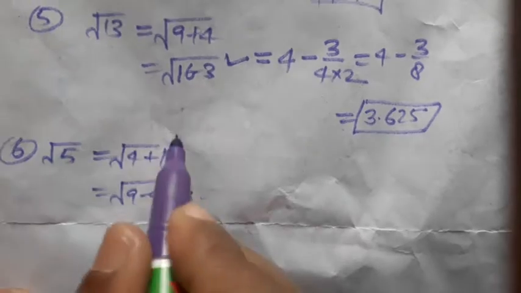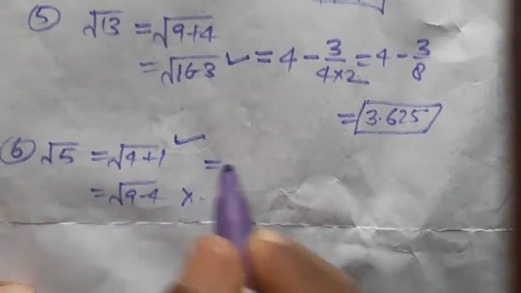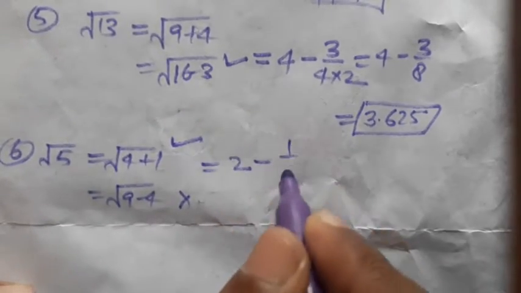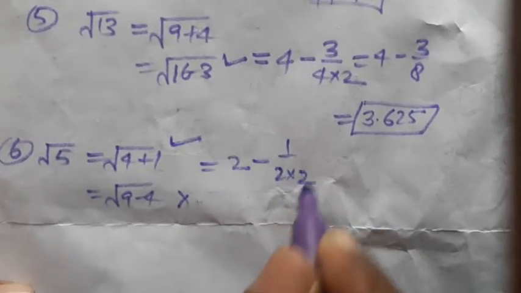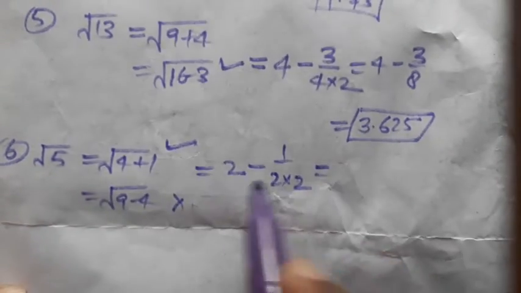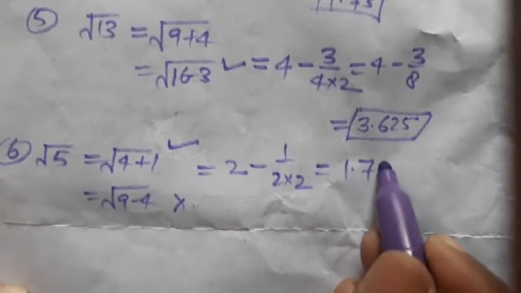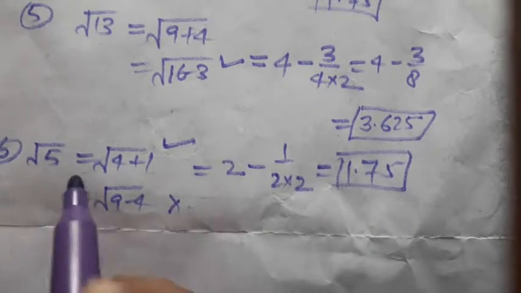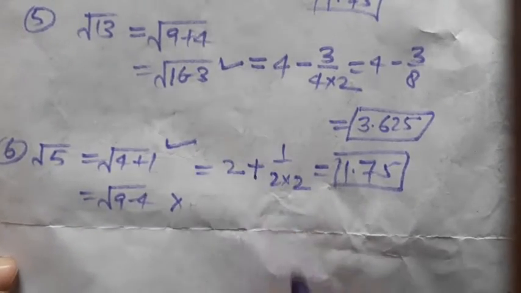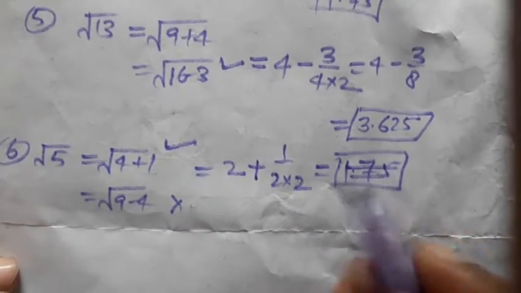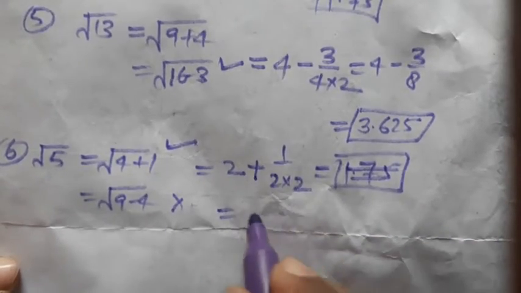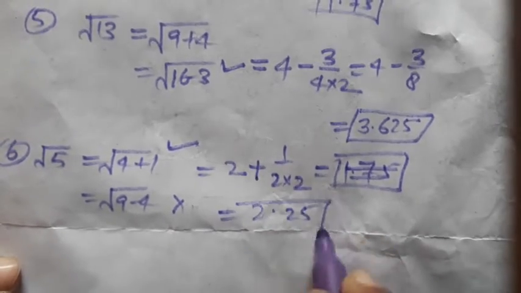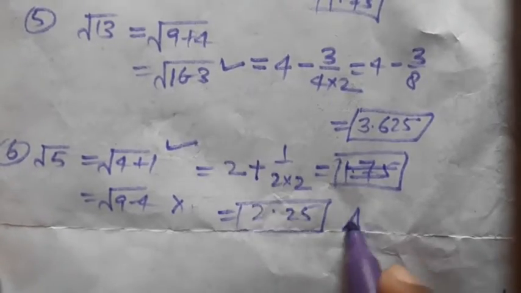So go for this plus sign and answer it like this: 2 plus 1 by 2 into 2, that is 1 by 4. Sorry, we opted for the plus sign, so we have to write the plus sign, that would be 2 plus 1 by 4, and the answer will be 2.25.